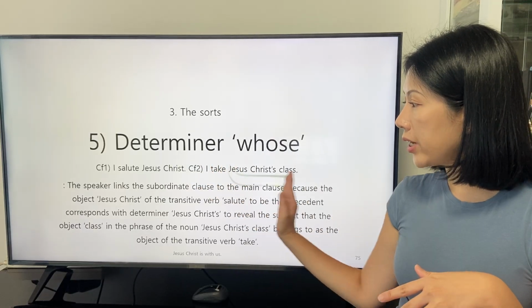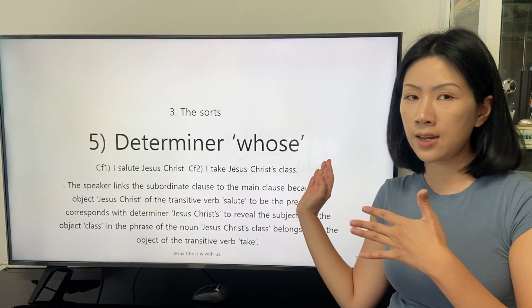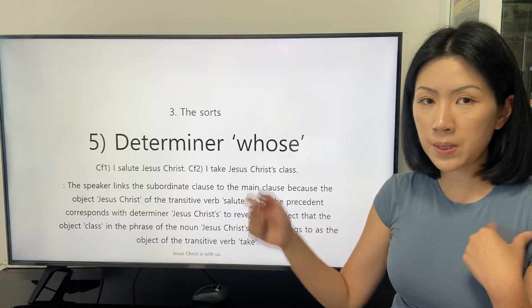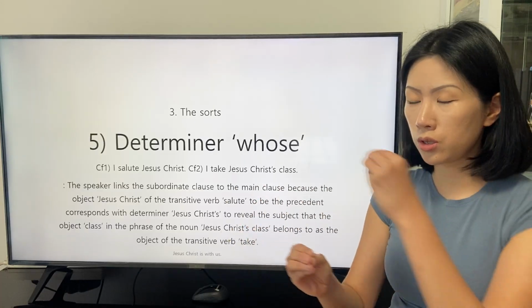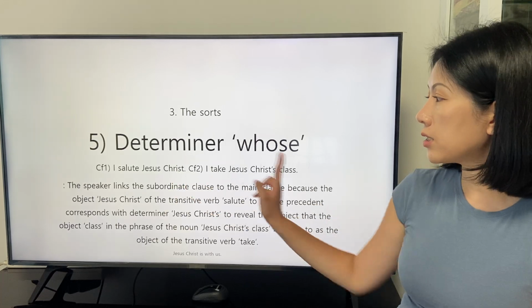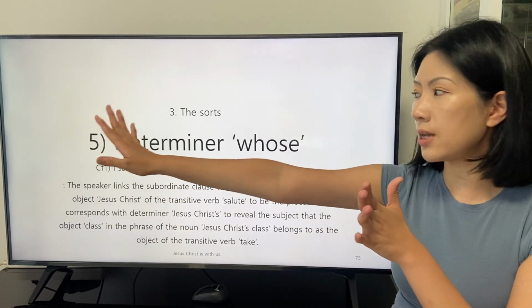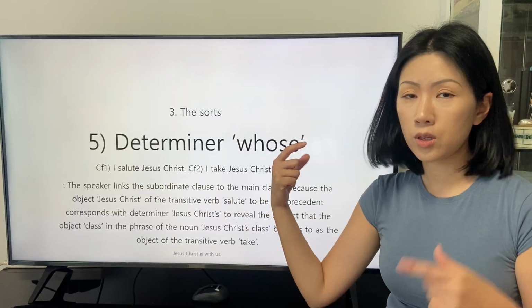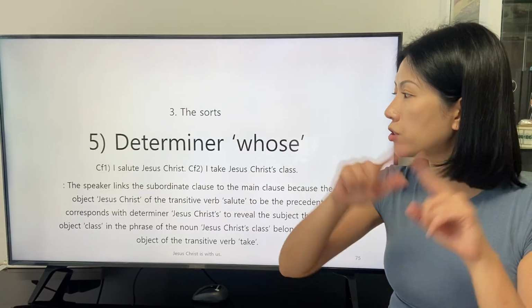And this part, the object of the second clause, is fully stated as the speaker replaces Jesus Christ with the determiner whose: I salute Jesus Christ, whose class. And the other part of the clause is simply stated after the phrase of the general noun, whose class: I take.